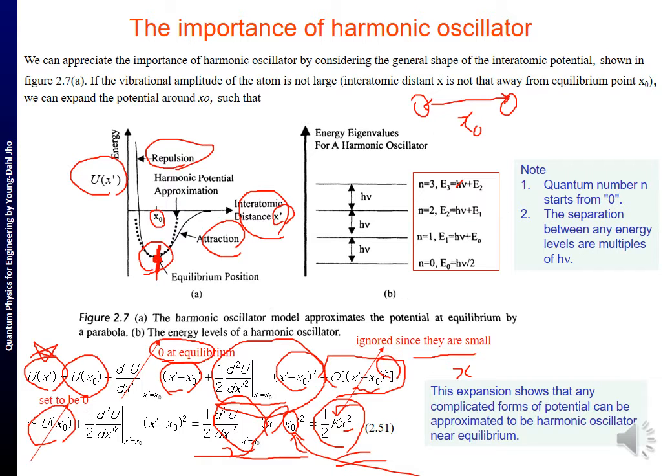So probably the average distance between atoms will be x0. Then x0 is called the lattice constant. This is actually a very important concept for the applications of any applicable devices and materials. Lattice constant. And this distance x prime minus x0 is the change from the original distance.